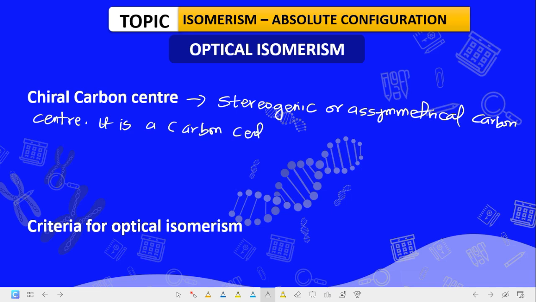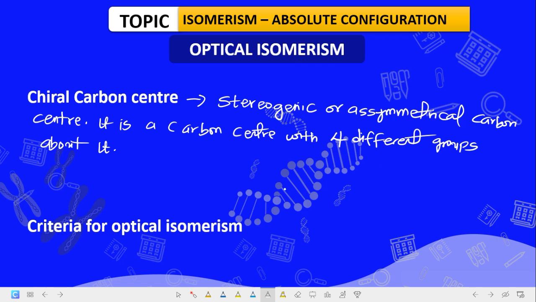It is a carbon center with four different groups about it. So that carbon center with four different groups about it is called a chiral carbon center or an asymmetrical carbon center.